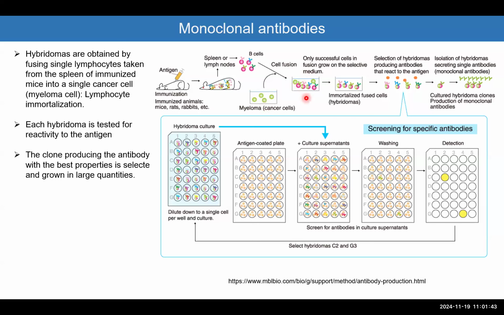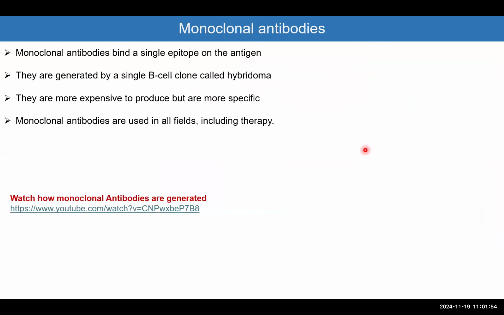Then we will generate the fusion cells. Then there will be separation of these fusion cells into single wells. So that's extensive work, and that's why it's more expensive and more specific. And these monoclonal antibodies are used in any field, including research and including therapy, so they can be injected to human if needed.